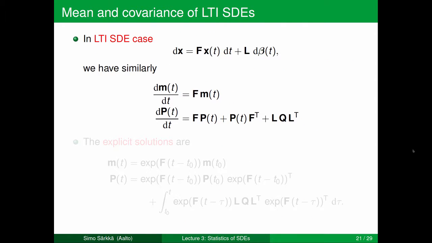In the linear time invariant case, we have an equation dx equal to F times x dt plus L times d beta, where we assume that F and L are independent of time.